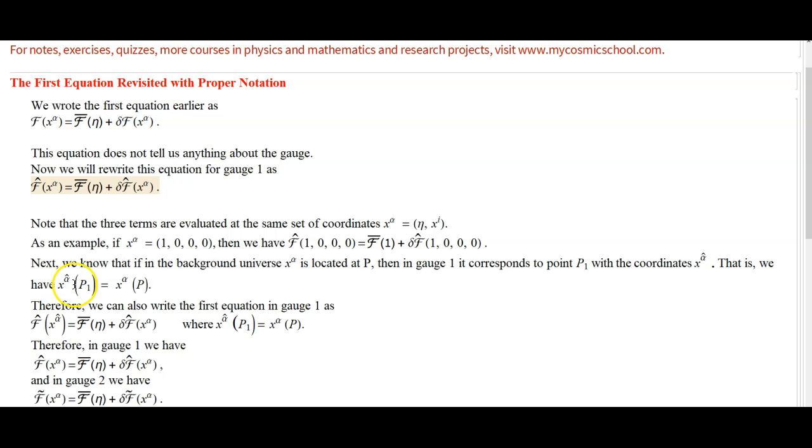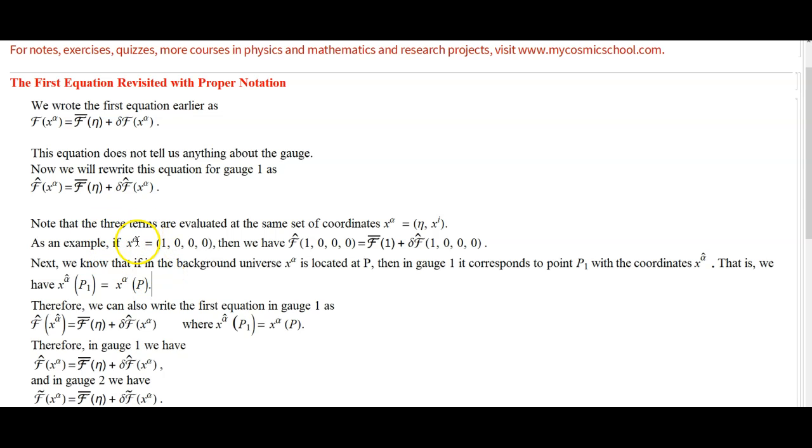So x alpha caret and x alpha have the same values, but the points will be different. x alpha caret at point P1 is equal to x alpha at point P, and they both refer to different physical points in the four-dimensional space-time, so that the values of the coordinates are equal.